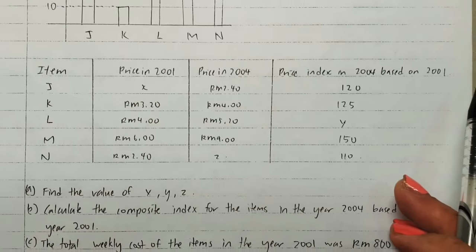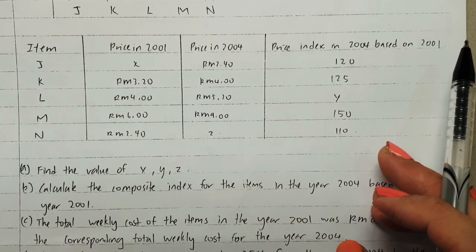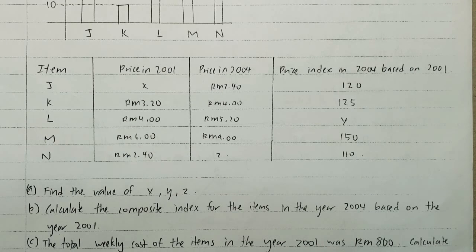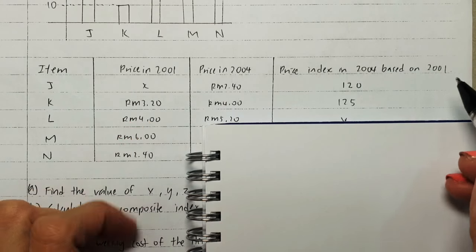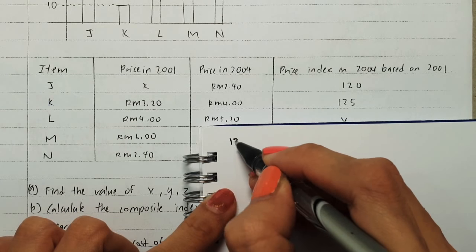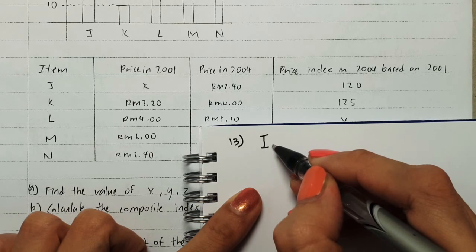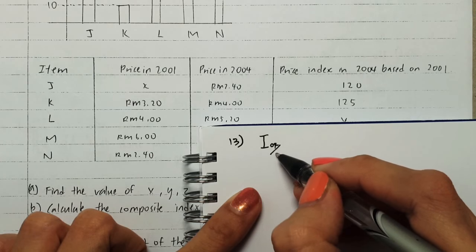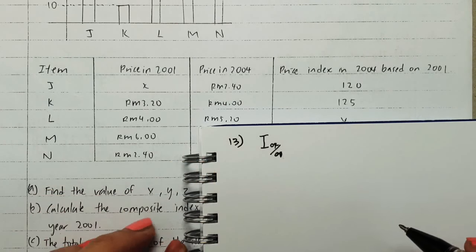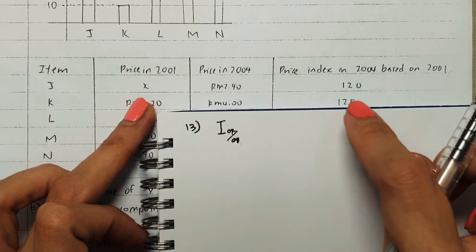Okay, let's use this table to calculate our price index. Now, for the price index given over here, I like to use a symbol instead of words: the index of 2004 based on 2001. So for the x, we have the index.